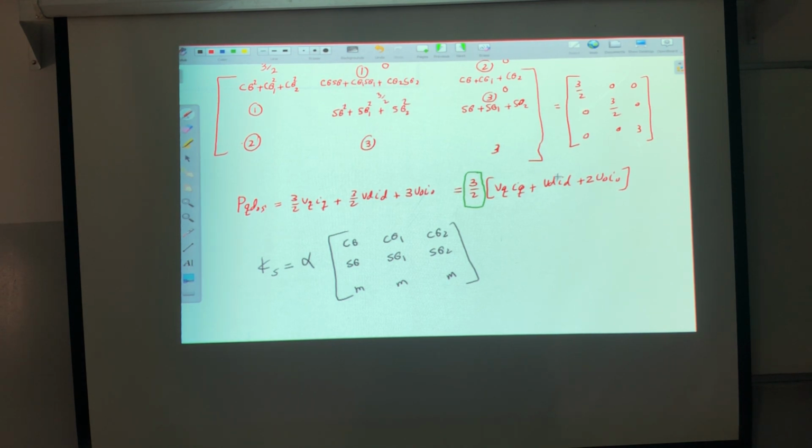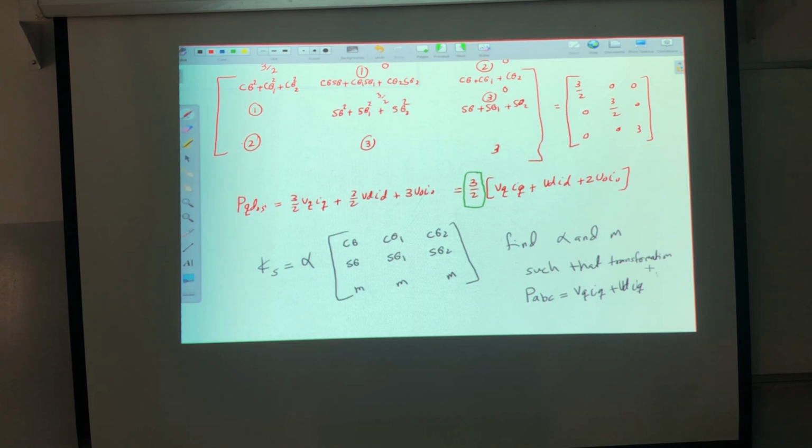So I need you to find this, homework for you. Find alpha and M such that the transformation is power invariant, meaning power preserved, such that the power in the A, B, C is equal to VQ IQ plus VD ID plus V0 I0.